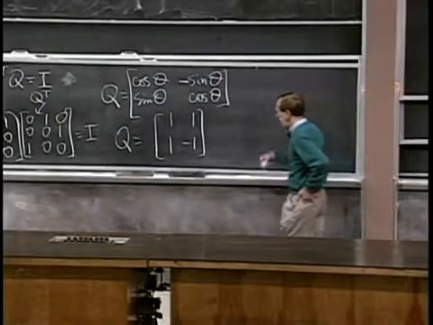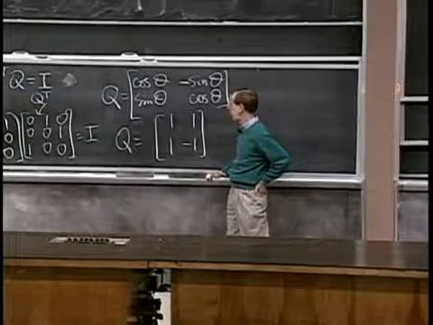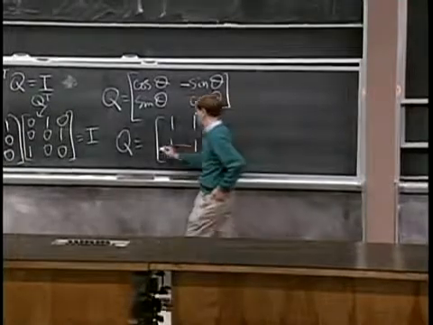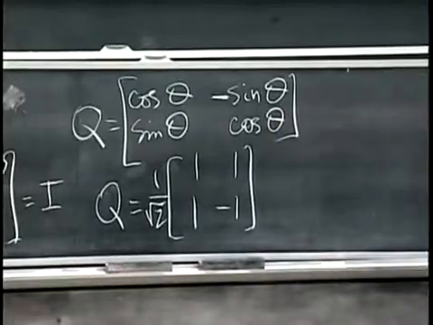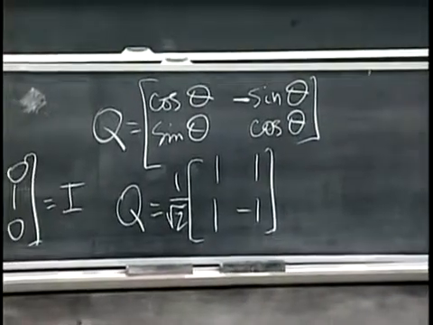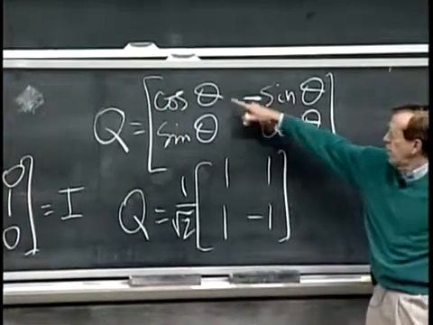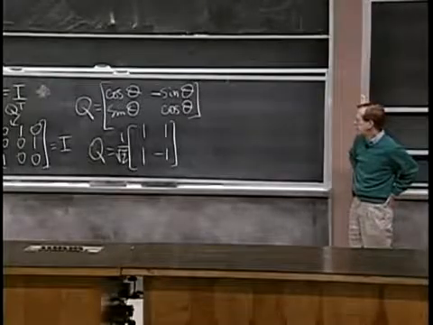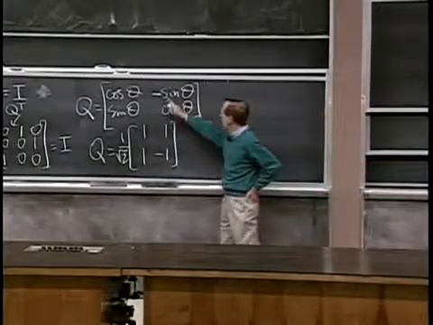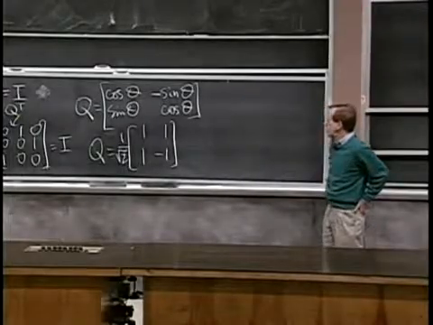The length squared would be 1 plus 1, which is 2. The length would be square root of 2, so I better divide by square root of 2. Okay. So now I have got an orthogonal matrix. In fact, it's this one when theta is pi over 4. The cosines and sine, well, almost. I guess the minus sign is down there. So maybe minus pi over 4 or something.